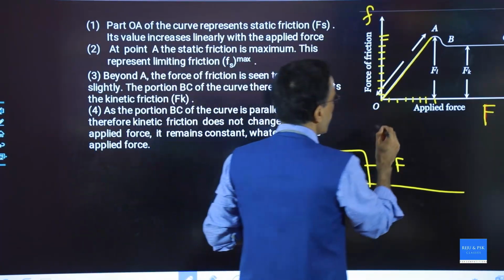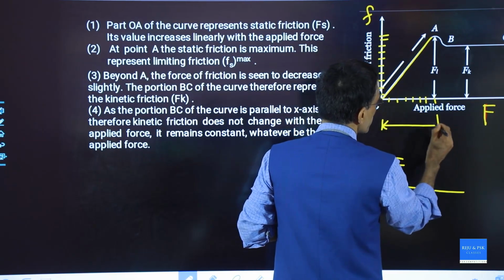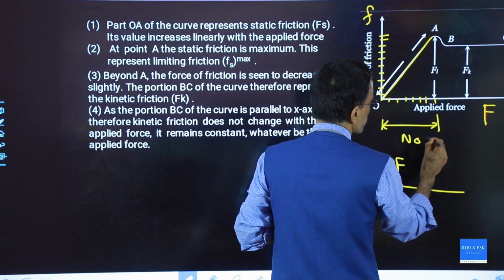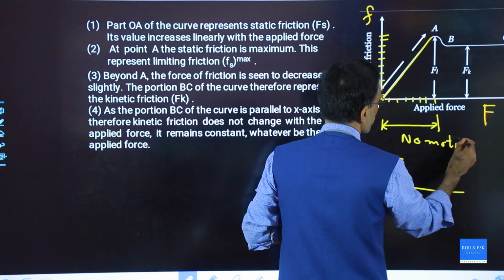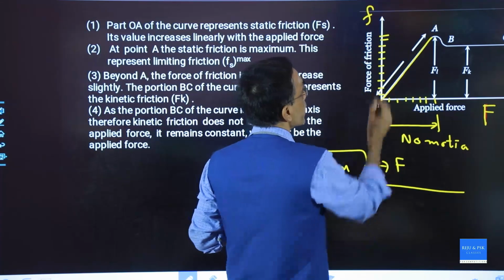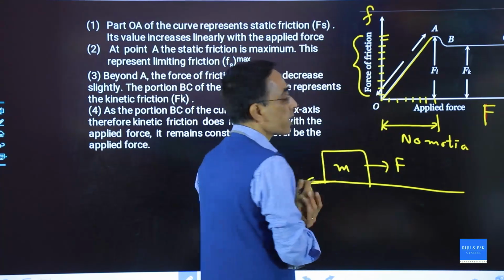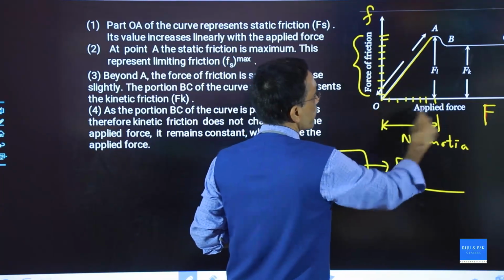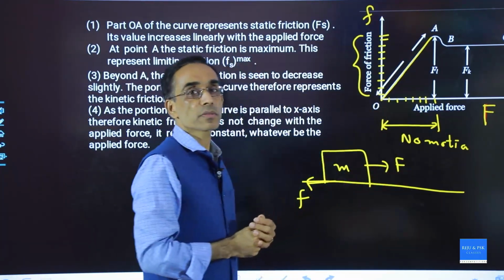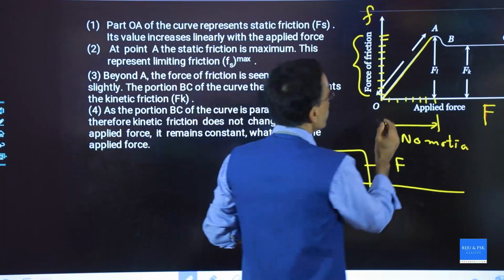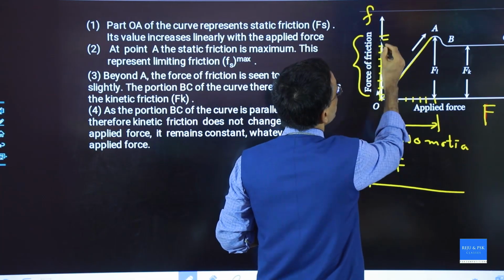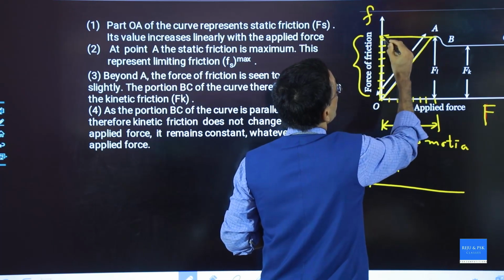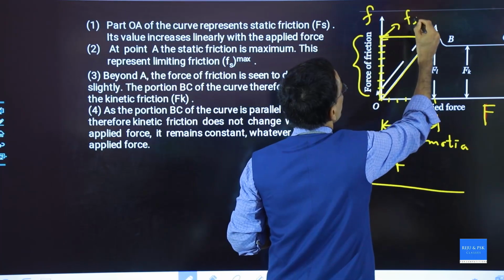But you can see that up to this force, there is no motion. If there is no motion, this friction is called static friction. So, we can say static friction is directly proportional to the applied force. And the friction will increase to a maximum value. This is the maximum value of friction. This is what we call the limiting friction.